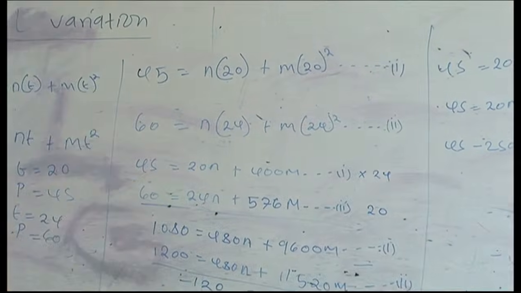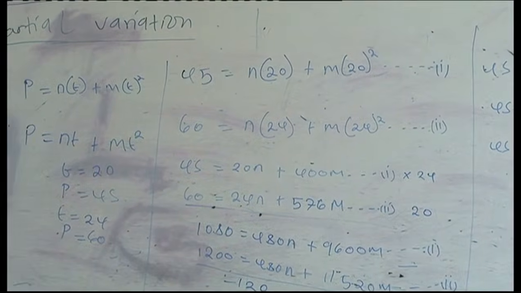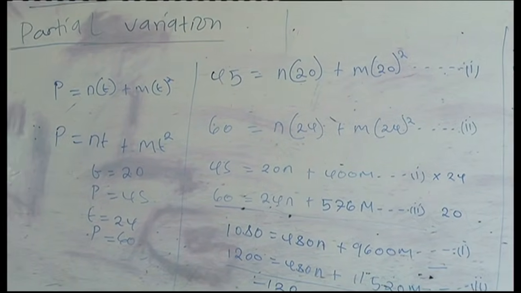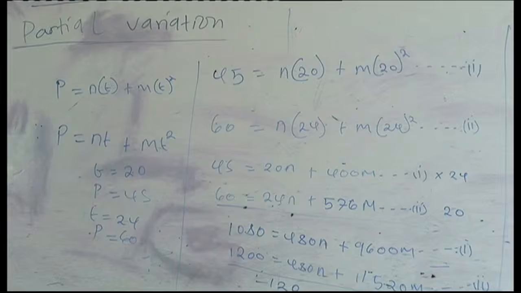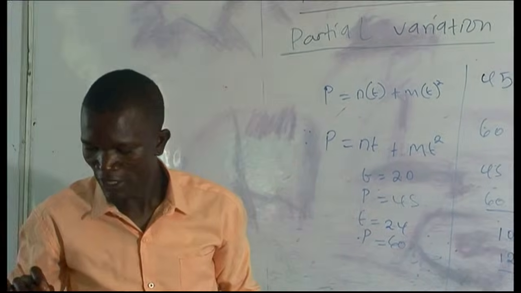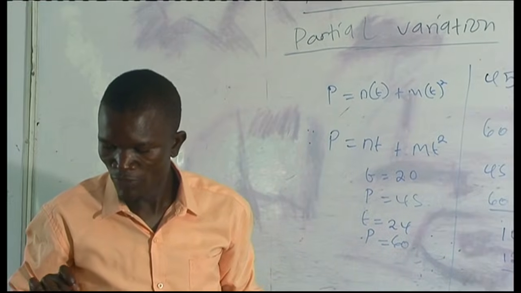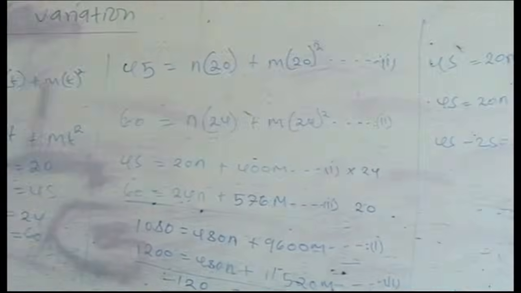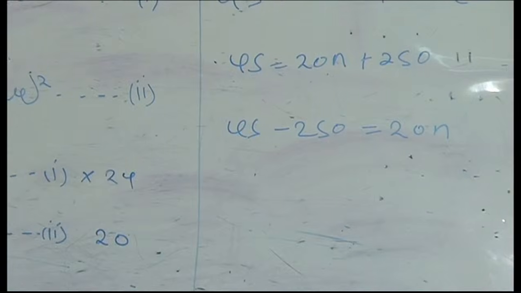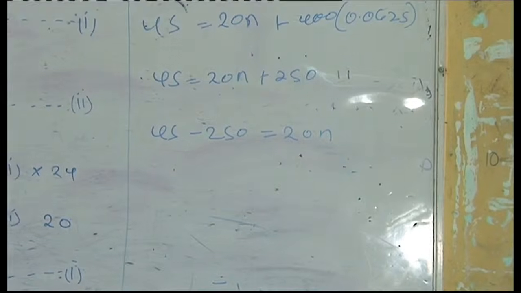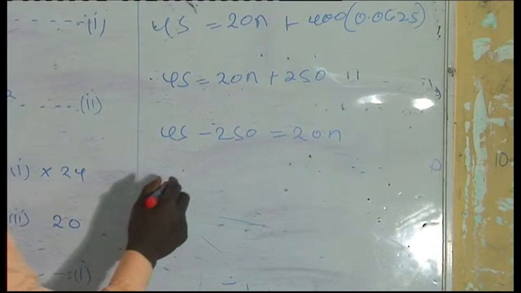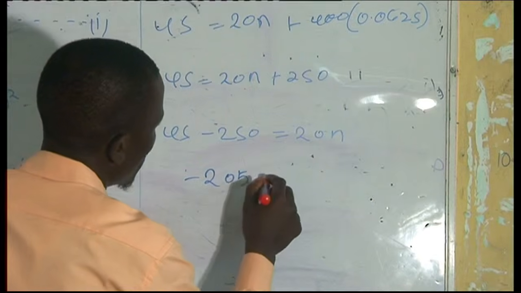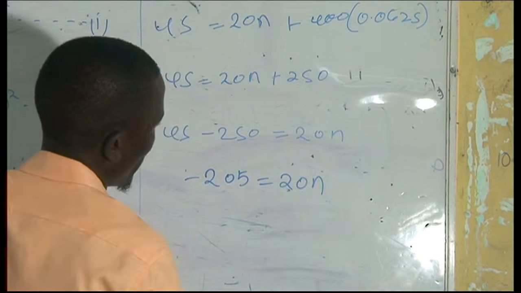If you do that, 45 minus 250, you get negative 205 is equal to 20n.